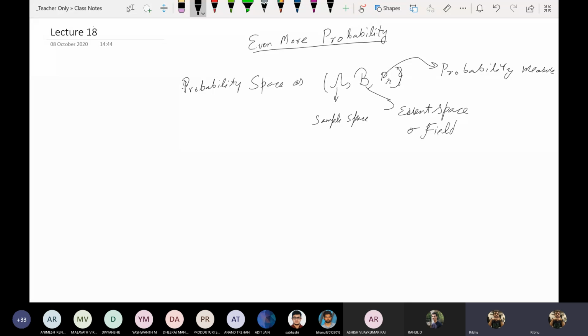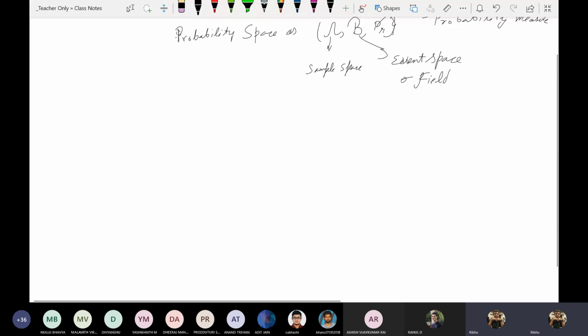And these definitions are, I believe, clear to you. The definition and properties of these. Yes, sir, it's clear. So we will list out a few more properties of the probability measure.